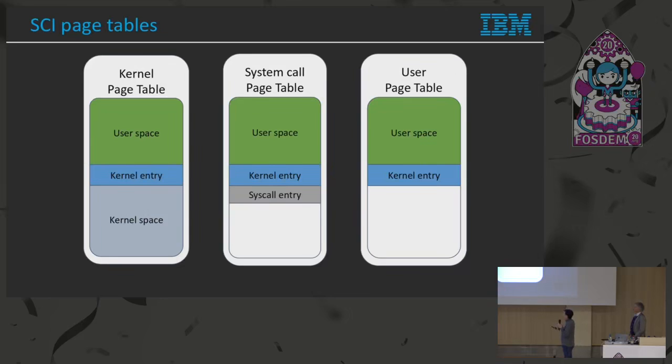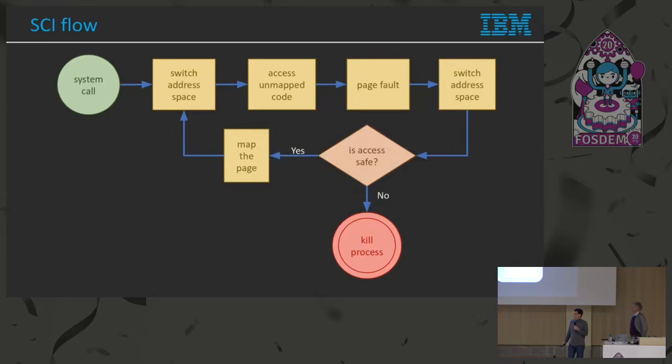We introduced yet another page table that adds some code and data that allows selection of a particular system call execution. And then when the system call continues its execution, we try to demand page whatever code or data is necessary.